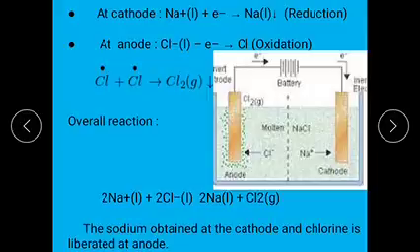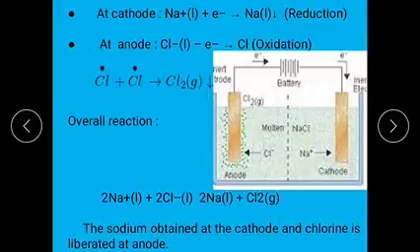When Cl minus loses one electron, it is oxidized and converted to chlorine. This chlorine is unstable in the atomic state.